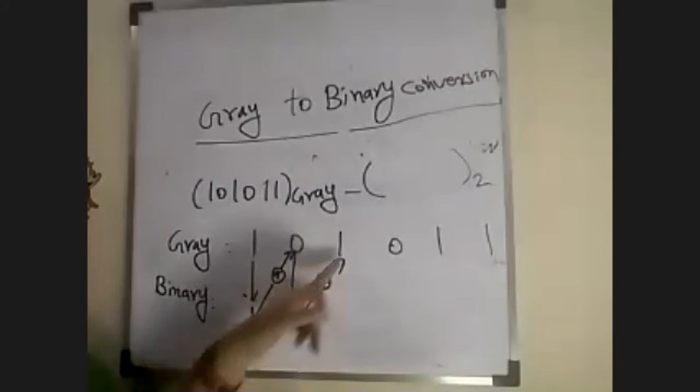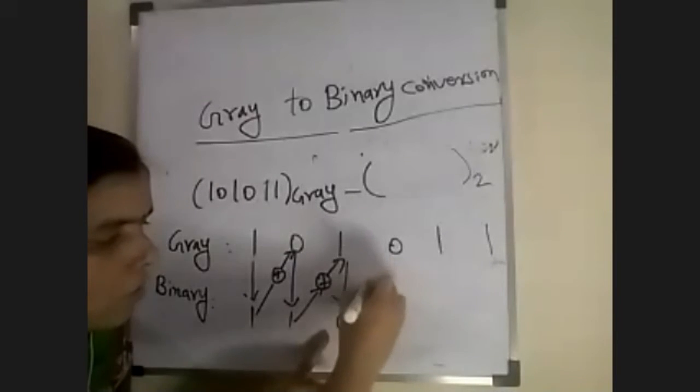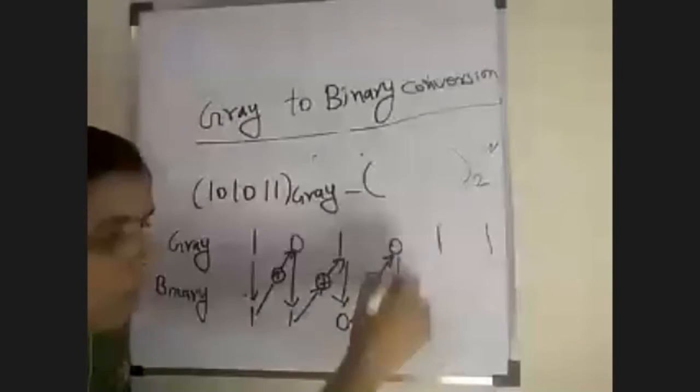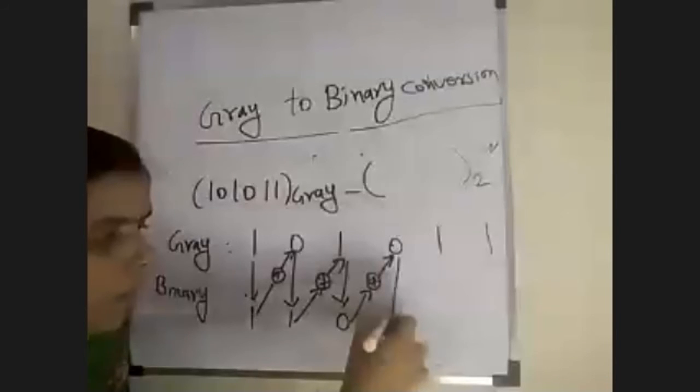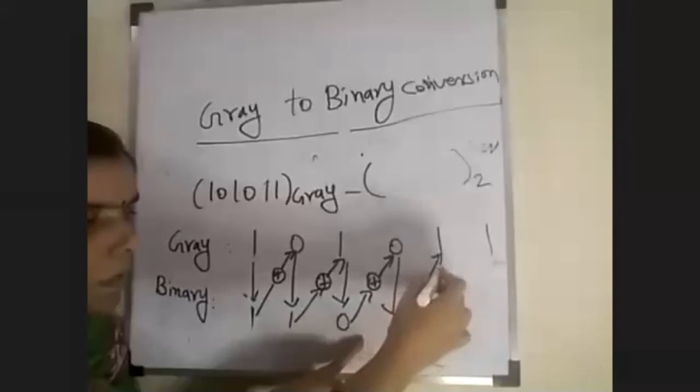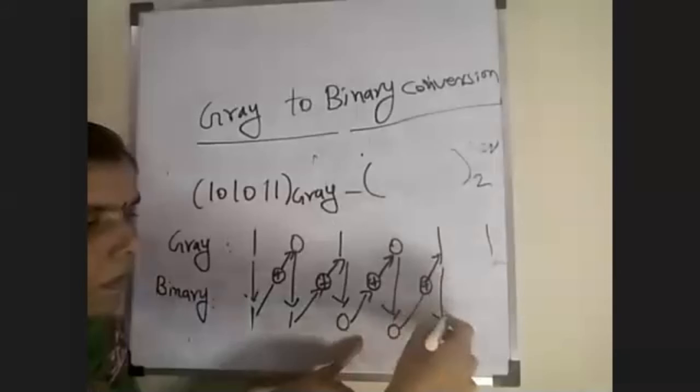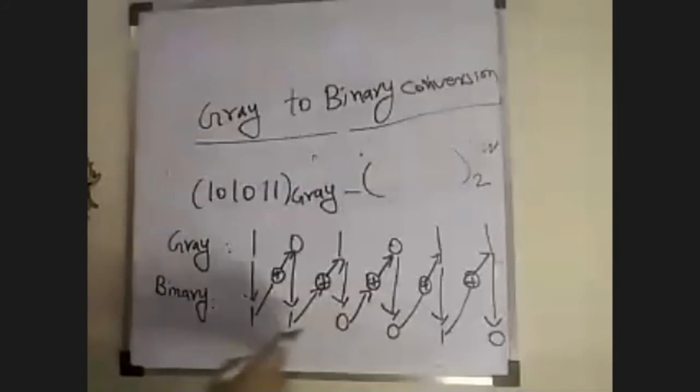Next, 0 exclusive OR 0 is 0. Next, 0 exclusive OR 1 is 1. And 1 exclusive OR 1 is 0. This is the equivalent binary value for this gray code, that means 110010.